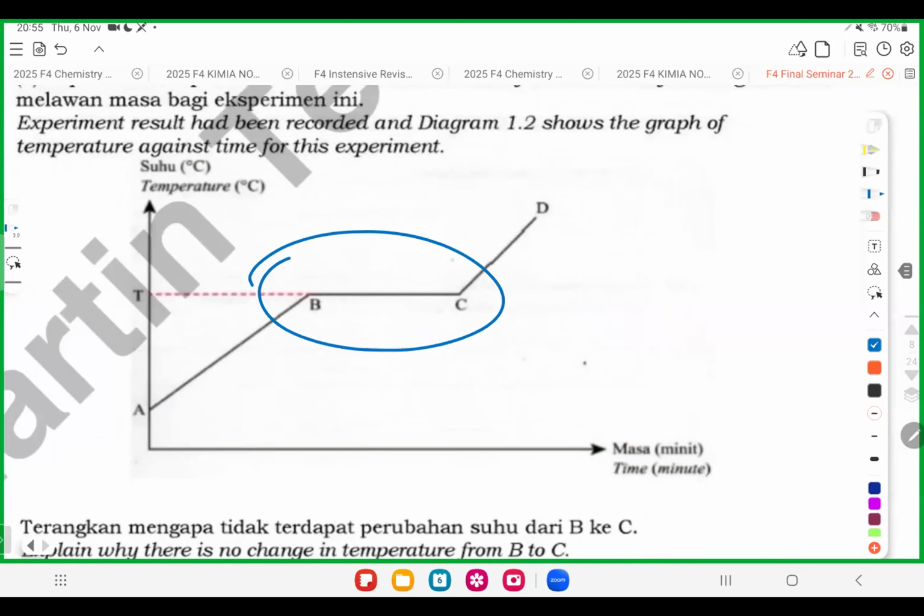Why is the temperature constant when the change of state is happening? When the change of state, meaning melting, boiling, condensation, or freezing, is ongoing, the temperature is constant. Why? Again, I hope you can imagine what is happening rather than memorizing.